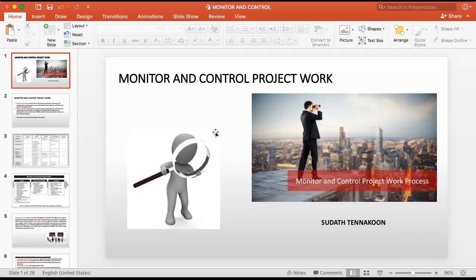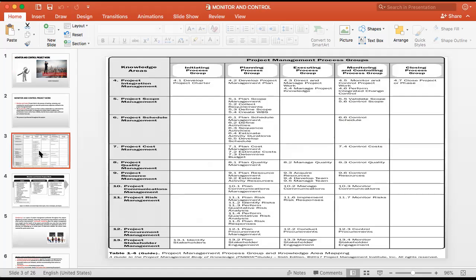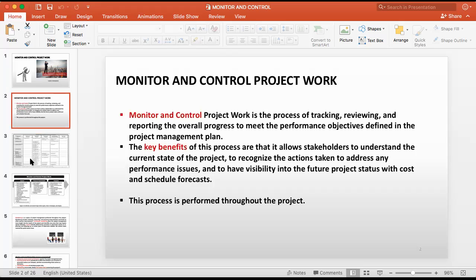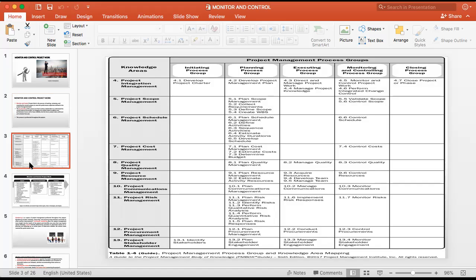As you know, there are 10 knowledge areas, and each has its own control processes. If I go back to the previous chart, this chart is very familiar to you.